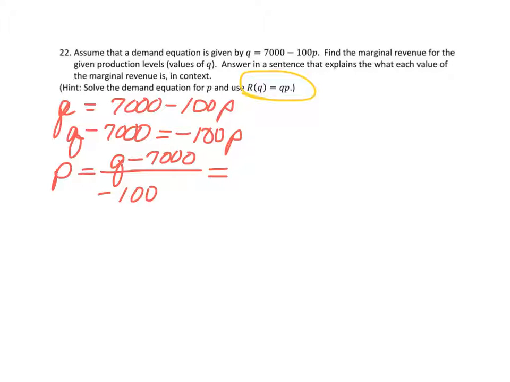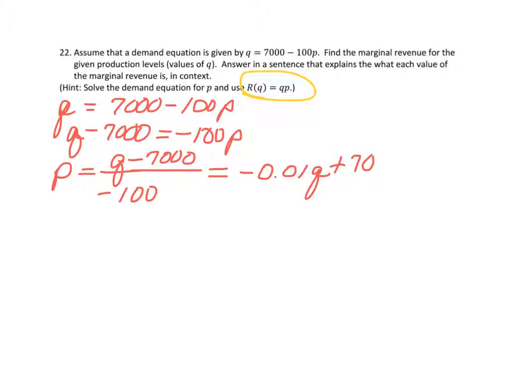And Q divided by negative 100 is negative 0.01 Q. And then negative 7,000 divided by negative 100 gives you positive 70.